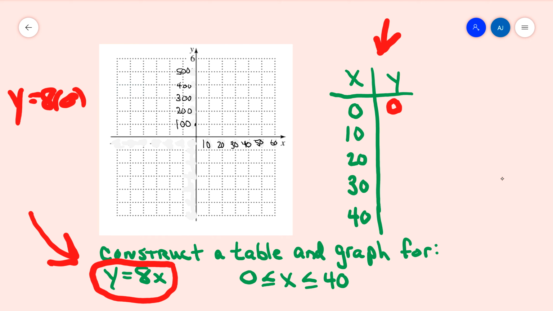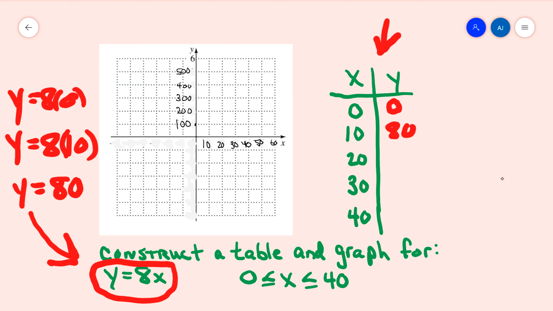All right, so my next one, when x is 10. So that means y equals 8 times 10, then y will equal 80. So when x is 10, y is going to be 80. Okay? And we'll do that the rest of the way. And let's see if we see any patterns here. When x is 20, y is going to be, well, 8 times 20 is 160.